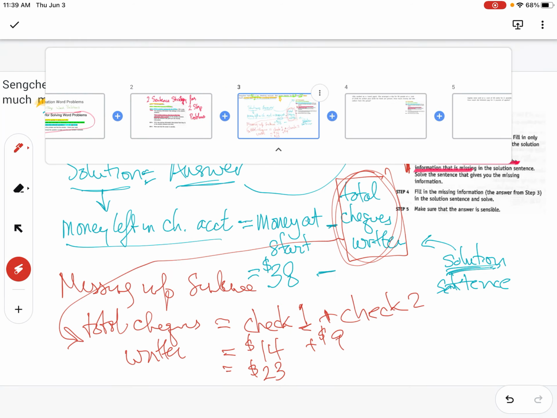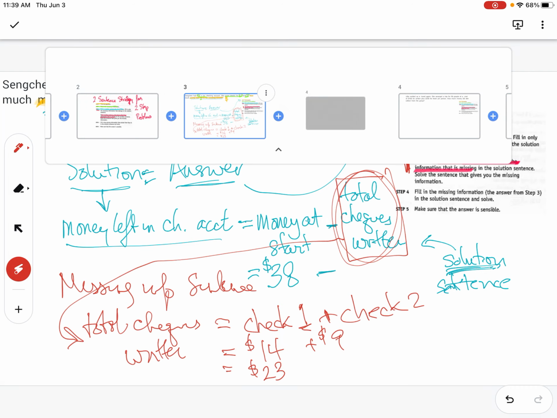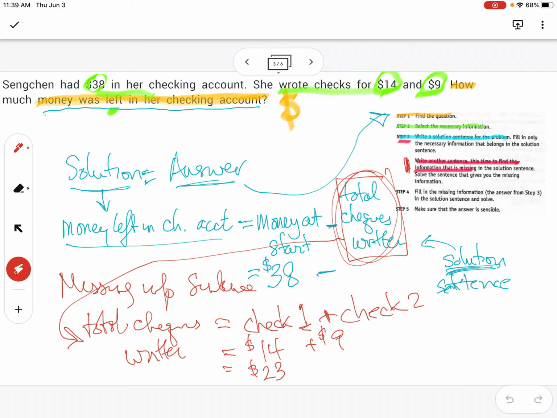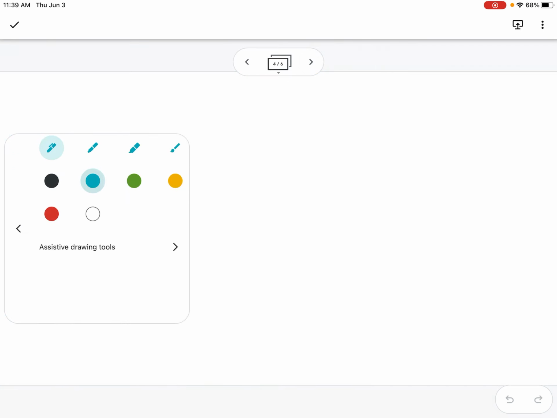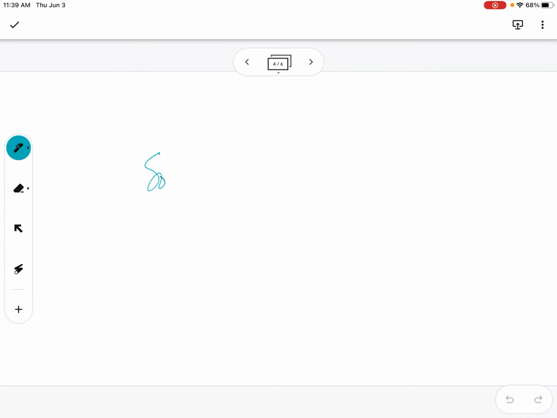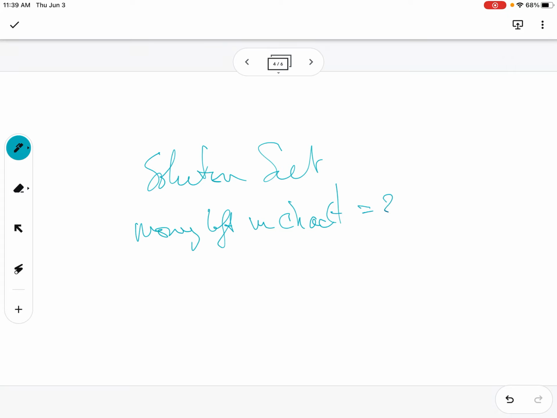equation. So I'm going to make a new slide here, and we're going to rewrite our solution sentence. So the solution sentence again was this: money left in the checking account was equal to $38 minus the total checks written.